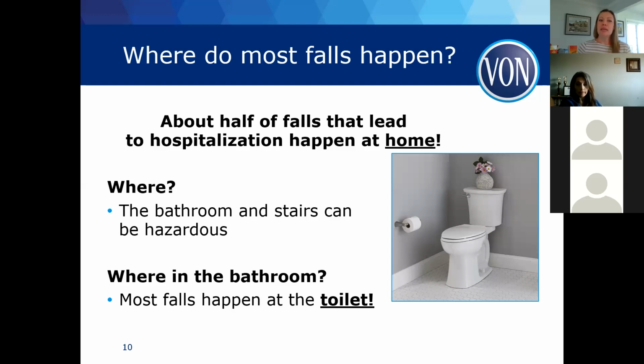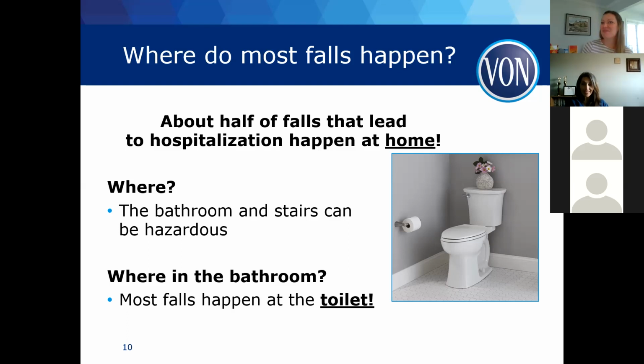But there are also some risks with the toilet, and we tend to know the risks with the tub or shower more, so perhaps we're a little more cautious with those. Also, if we think about it, how often in a day do we typically access that tub or shower? Once. Maybe once, right? What about the toilet?